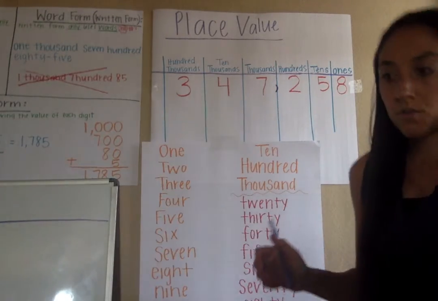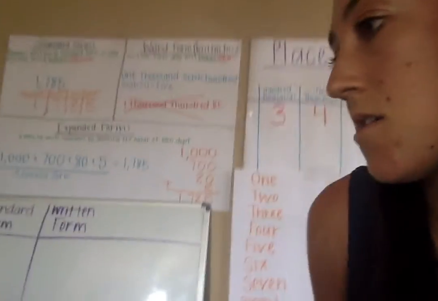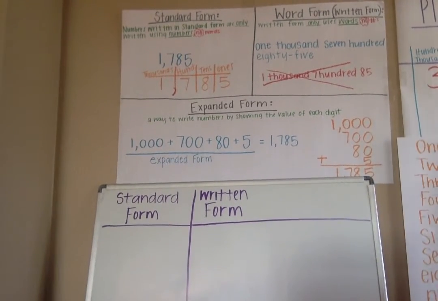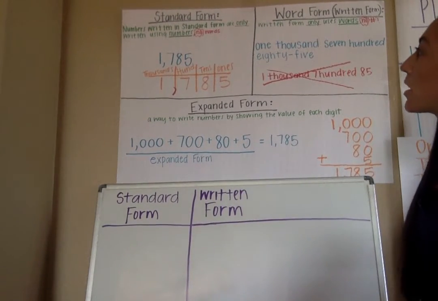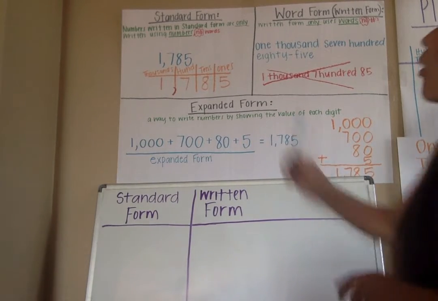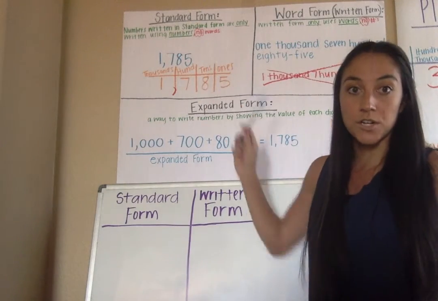Okay, so we are going to go back and look at our other chart today. You may also take notes on this. Highly recommend it. Again, standard form is numbers written in standard form are only written using numbers. There will never ever be any words.